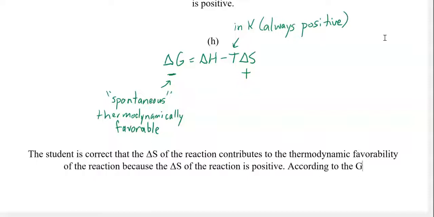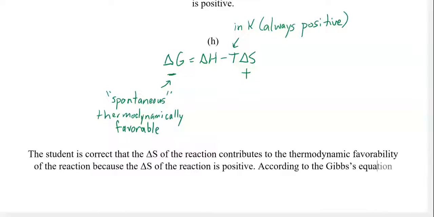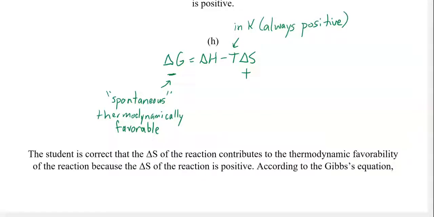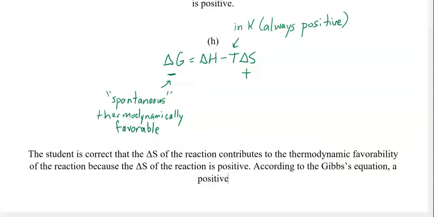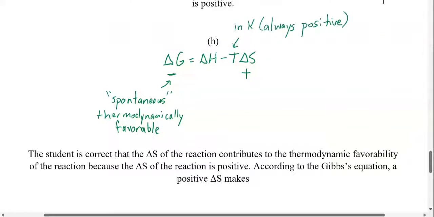According to the Gibbs equation, which is this equation, delta G equals delta H minus T delta S, a positive delta S makes delta G more negative.